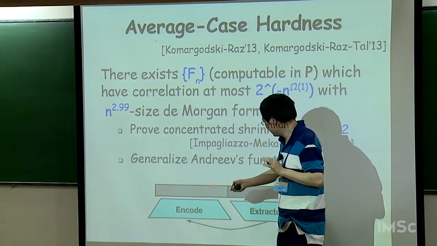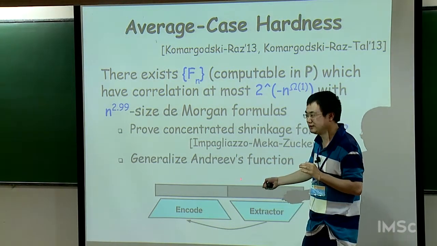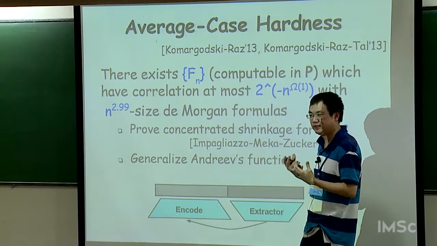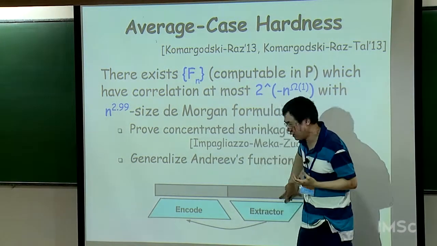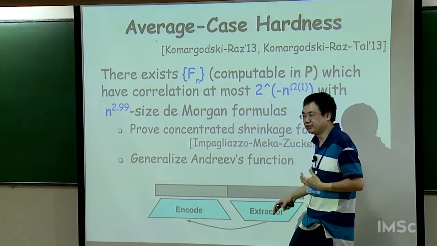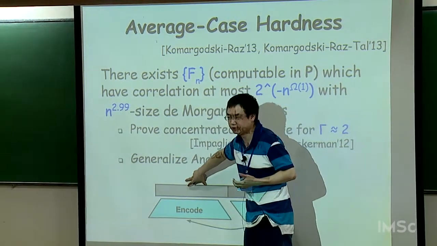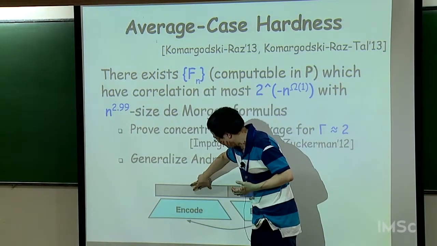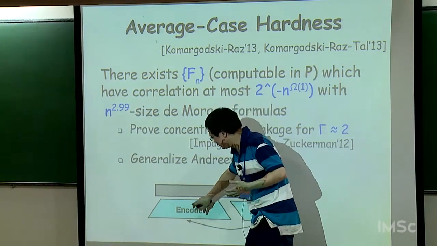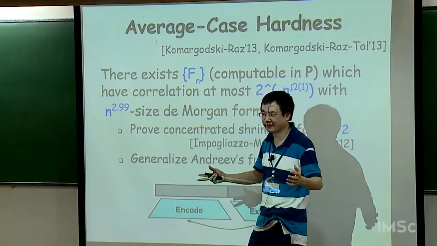Suppose we have this function on 2n inputs. For the second input, we use an extractor to extract a fraction of bits from the second part. Then the extracted random bits are used to identify a position in the first part of the input. But for the first part of the input, in order to get average case hardness, we use an error correcting code to expand the first part to be exponentially long.